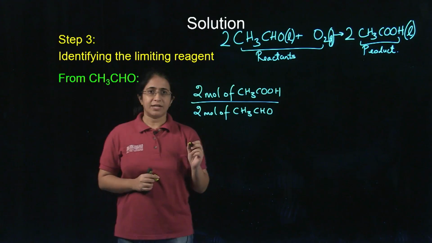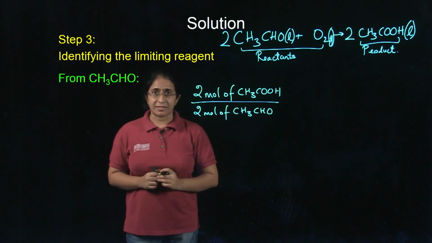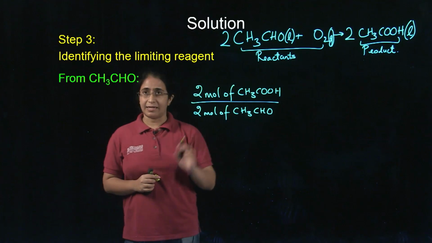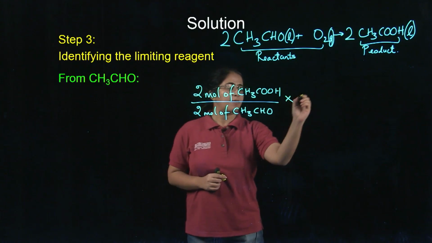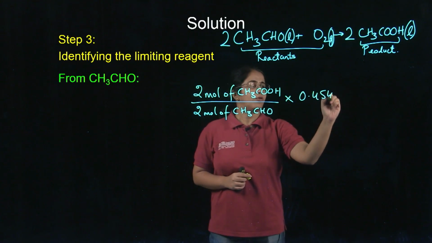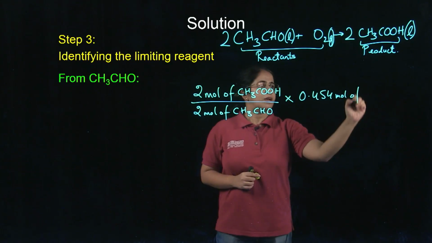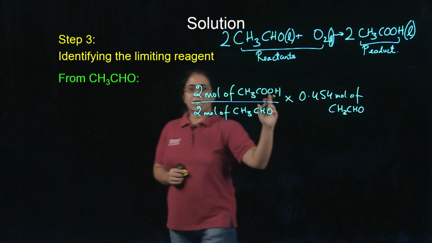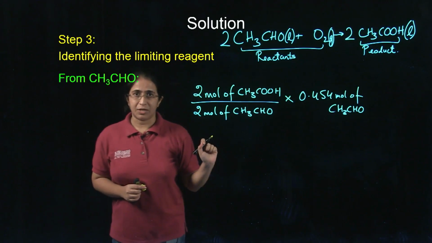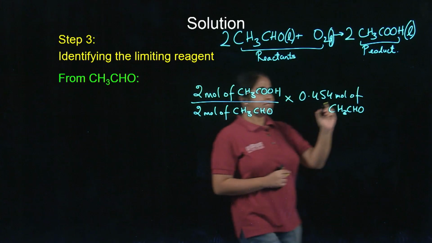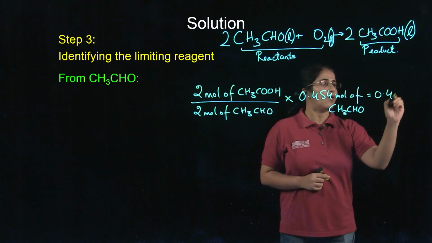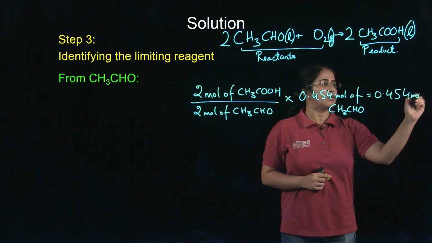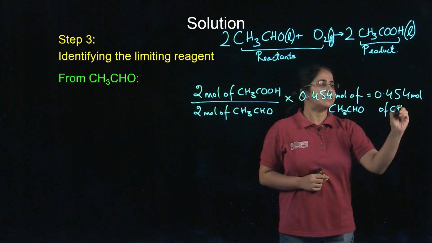And if you want to find out what is the actual number of moles of acetic acid that is formed from acetaldehyde, you need to multiply this by 0.454 moles of acetaldehyde. Remember, this is a number that we got from the previous calculations. So the answer should be the same as 0.454 moles of acetic acid.